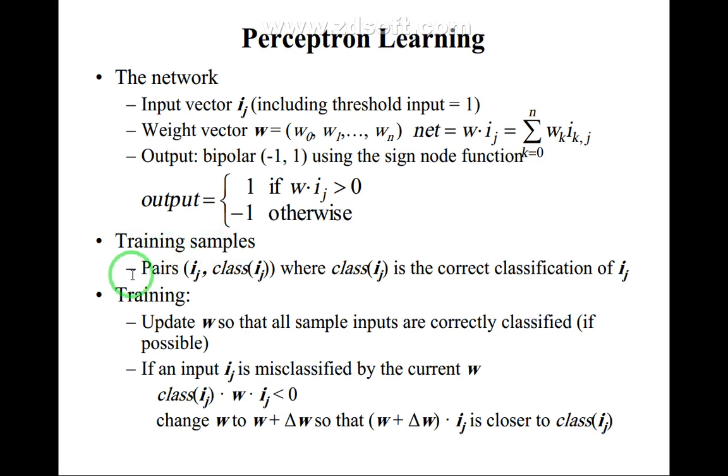The training samples are pairs ij, class ij, where class ij is the correct classification of ij, and training updates w so that all sample inputs are correctly classified. If an input ij is misclassified by the current weights, then net is less than 0 and we change the weights. So the learning algorithm for the perceptron defines the changes in weight going from one state to another state.